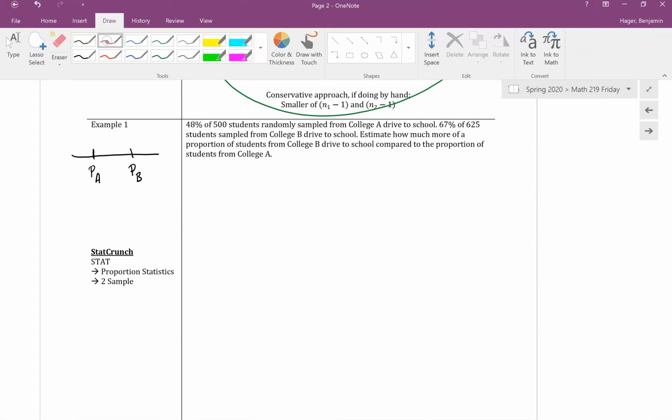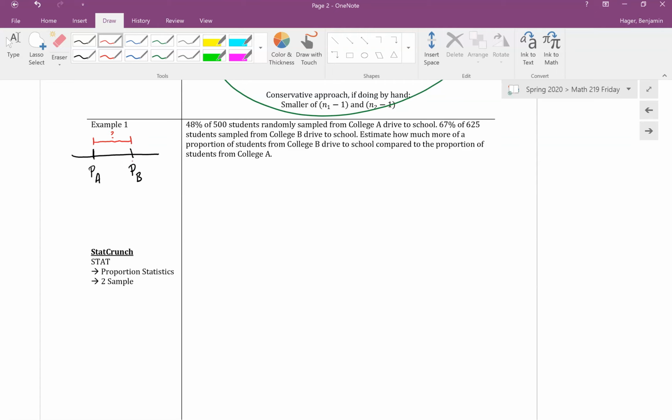Well, what this question is asking for is, estimate how much more of a proportion of students from College B drive to school compared to the proportion from College A. In other words, they're asking us to find this distance here. They want to know, what is that? How much more or higher of a percentage do the students of College B drive to school compared to College A?